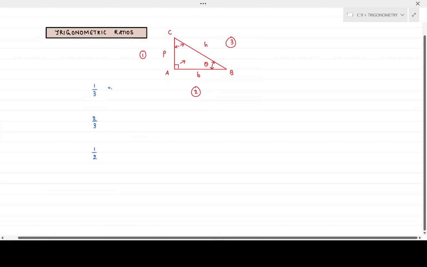This means the ratio of perpendicular and hypotenuse. This means the ratio of base and hypotenuse. This means the ratio of perpendicular and base. Some names have been allotted to them. The first one is named sine theta. The second one is named cos theta, whereas the third one is named tan theta.